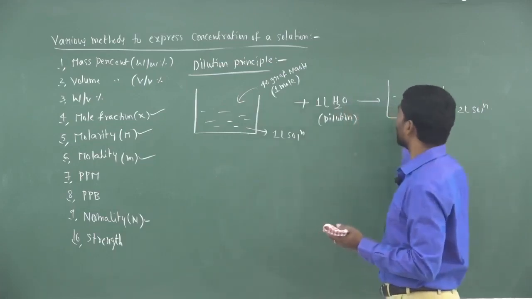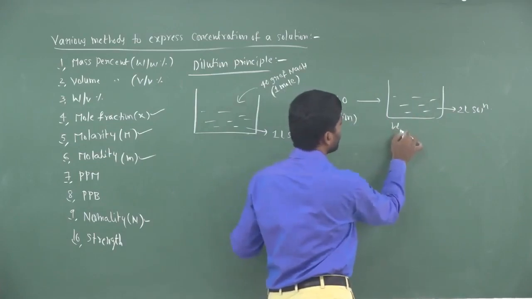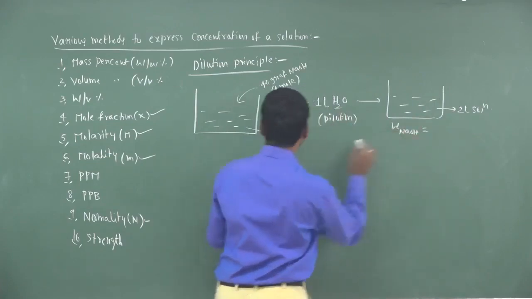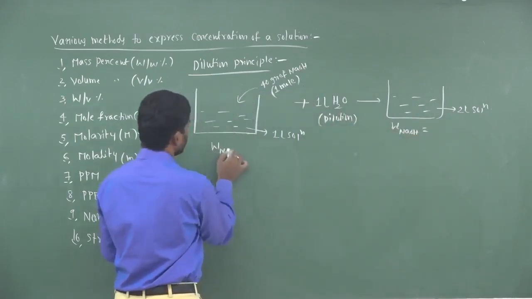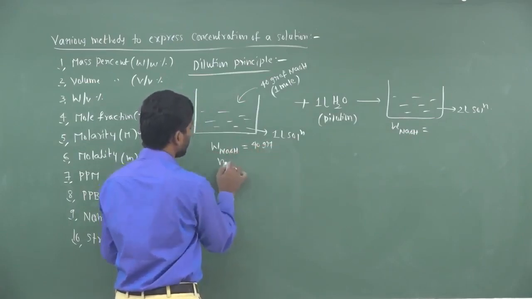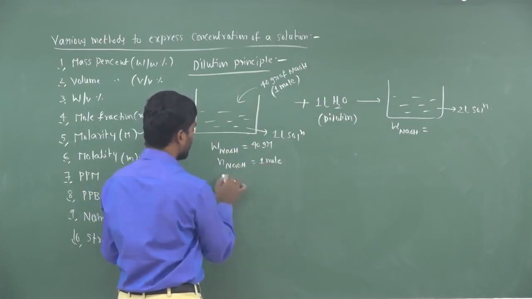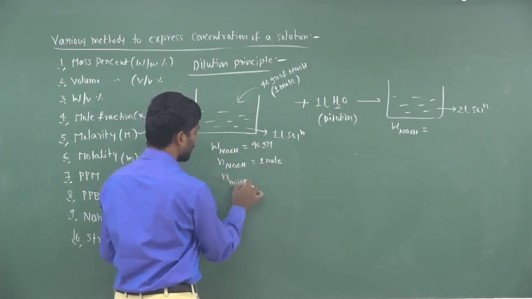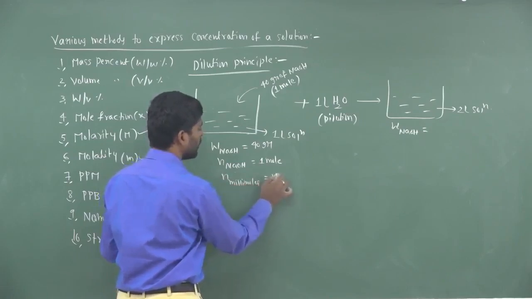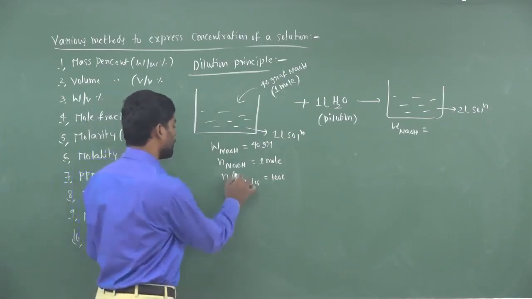In this, what is the weight of NaOH present? 40 grams. The number of moles of NaOH present is 1 mole. What is the number of millimoles? 1 mole means 1000 millimoles. The number of millimoles of NaOH present is 1000.